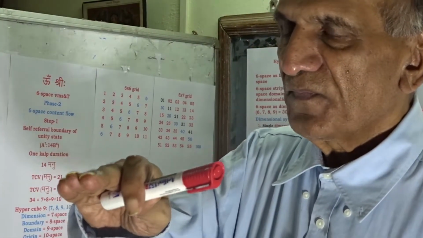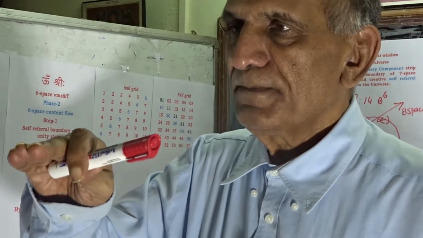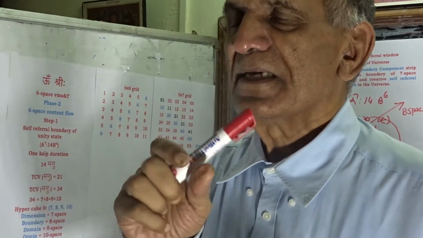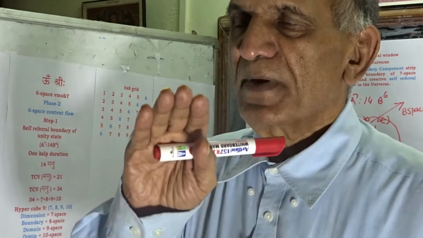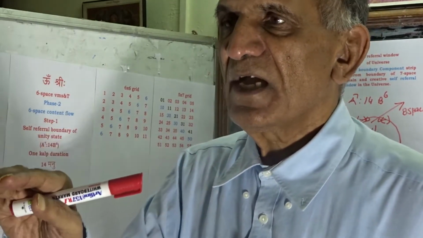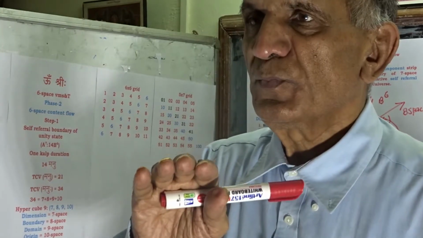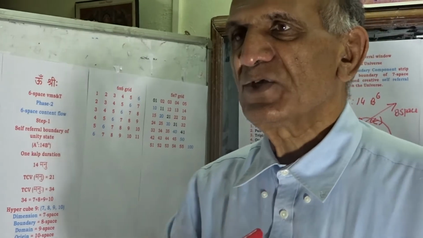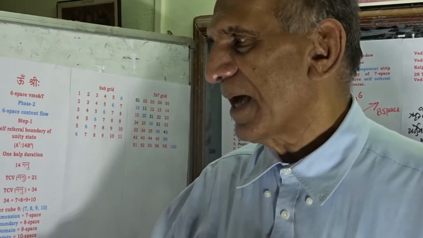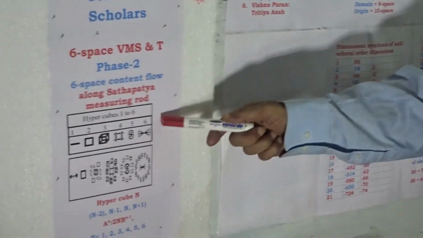The focus of the previous phase was the wisdom preserved in Pratham, Dvitiya and Tritiya Ansh of Vishnu Puran. Today our focus is going to be upon Sthapatya miring rod.